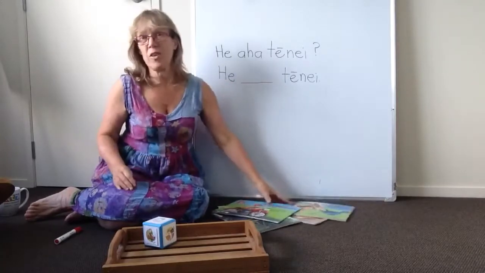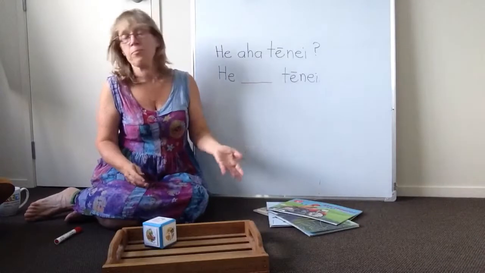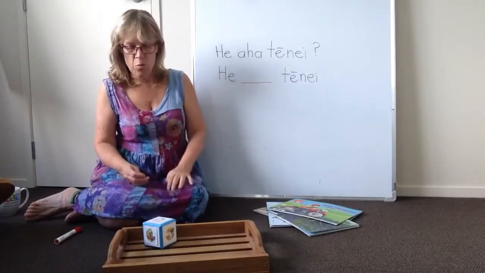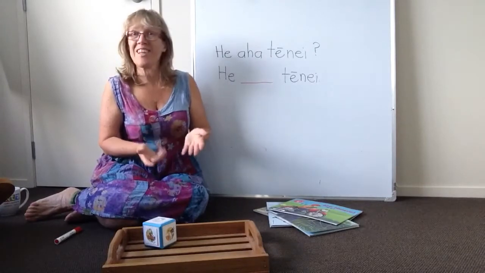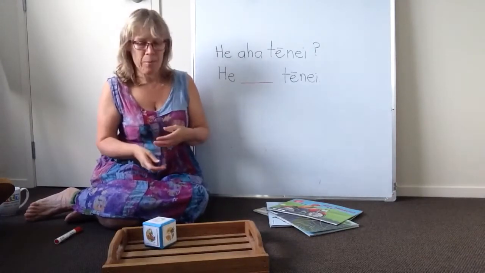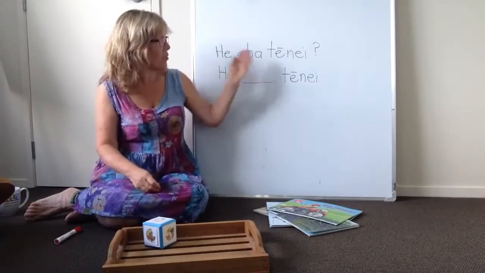So, and there's lots of other ways. You don't have to use our Te Reo Singalong books. You could use any other pictures that you want. So if it's for teaching vocabulary, and it's just another way to make it fun to learn some vocabulary and some sentences in Te Reo.